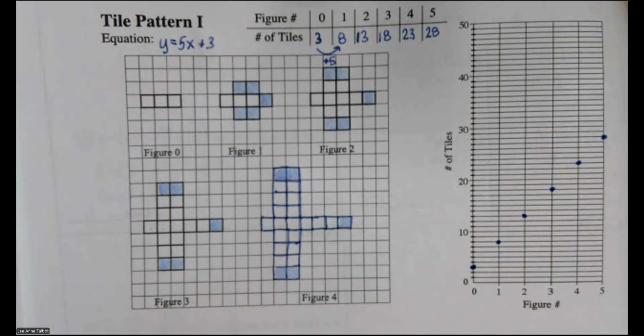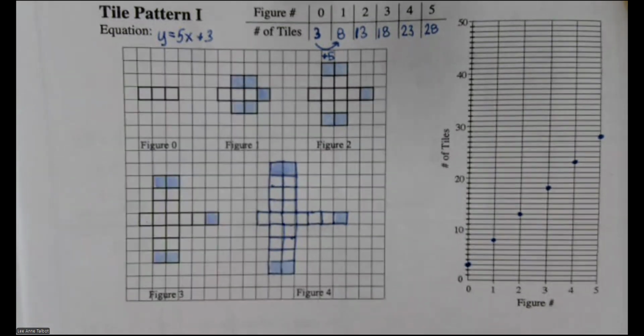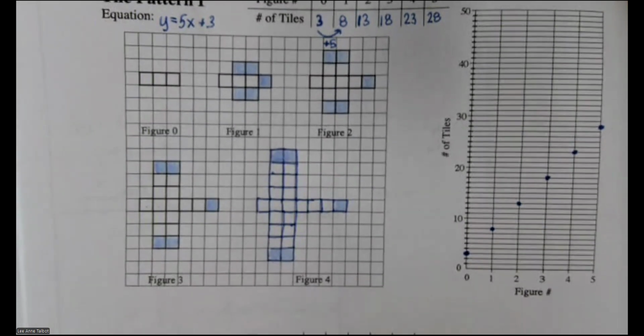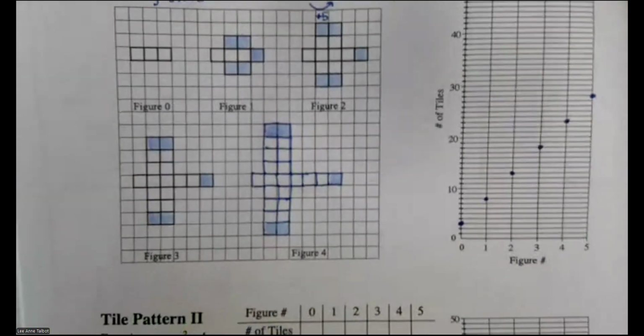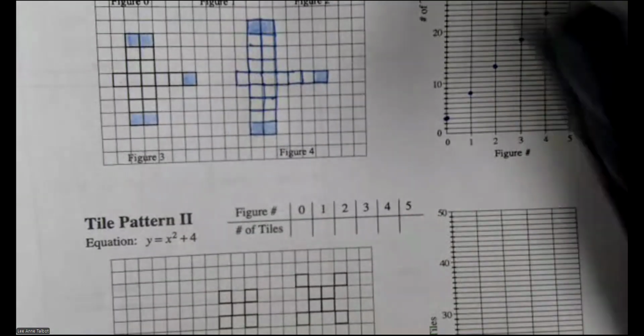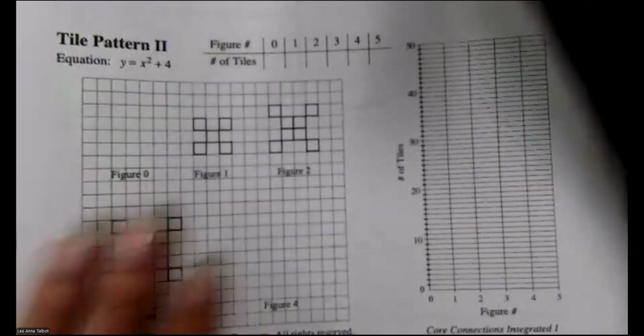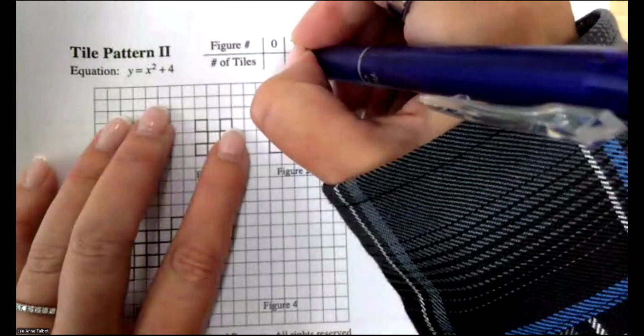Okay, now move down to the next one. This one, they gave you the equation because it's not linear. It's actually a quadratic, which means that we don't need to figure out the equation, which is great. And they gave us some tiles. So I see that figure 1 has 5 tiles.